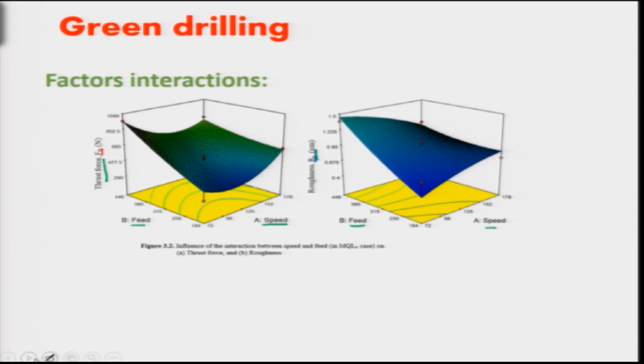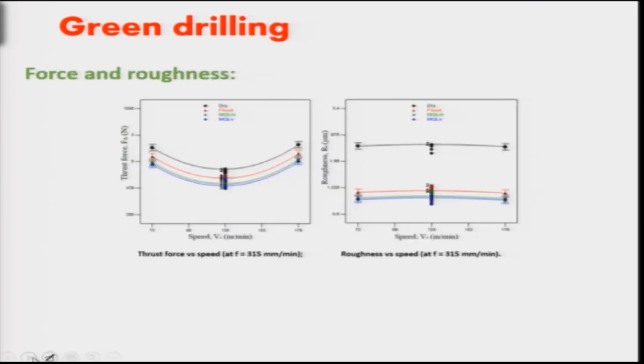To see whether the interaction is significant or not, we can see the regression models for them, and those regression models are also produced. So these are thrust force and roughness with respect to speed, and these 4 lines are the 4 different mediums: dry, flood, MQL mineral and MQL vegetable or MQL green.